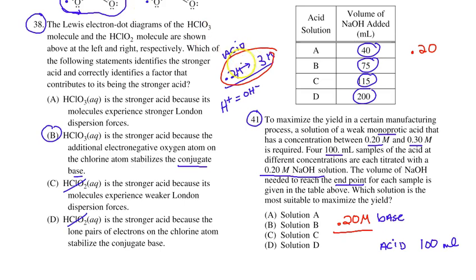You probably can see that. Let's go figure out how many milliliters we need for 0.2. If my acid is 0.2, now the range is 0.2 to 0.3, but let's pretend it's 0.2. If my acid is 0.20 molar and I have 100 milliliters of it, can you figure out how much base I'm going to need to reach the endpoint?